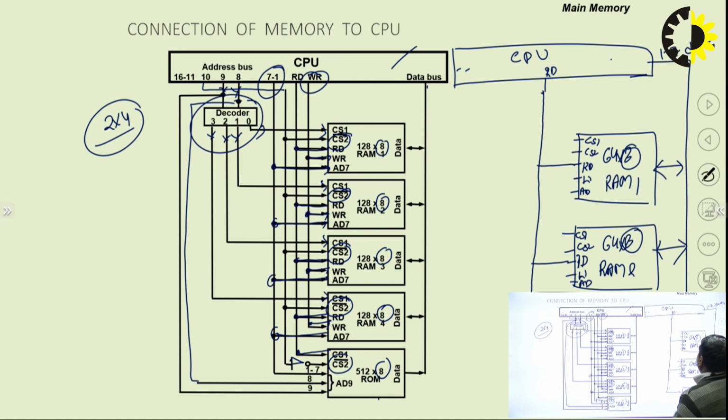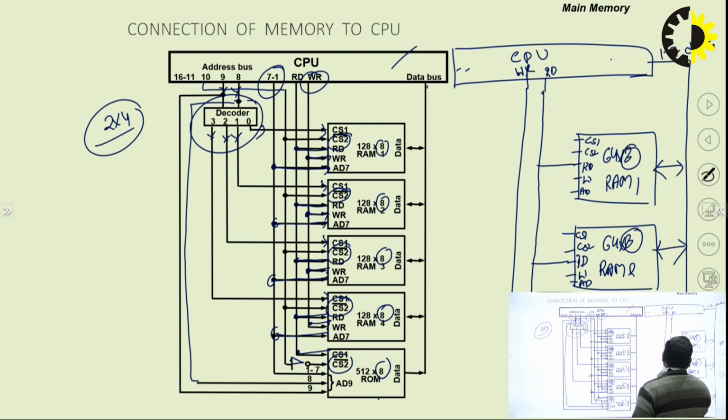Similarly, we go for the other operation, that is the write operation, and the write pin of the CPU is interfaced with the write pin of RAM chip 1. Here is RAM chip 2.